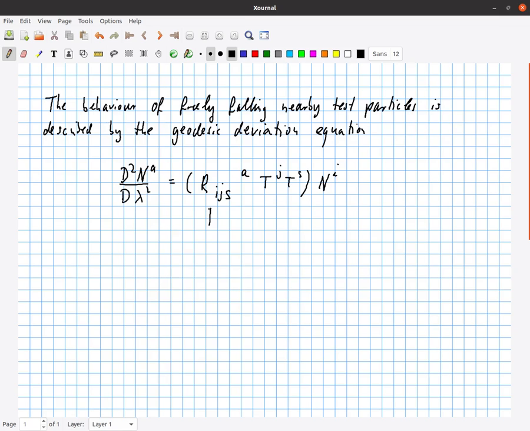And our Riemann tensor R is the Riemann tensor of the gravitational wave.